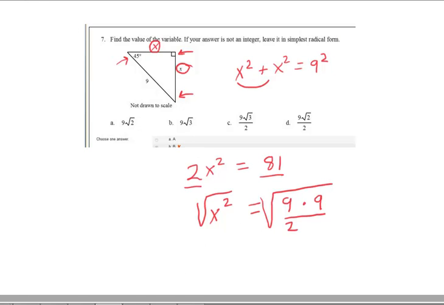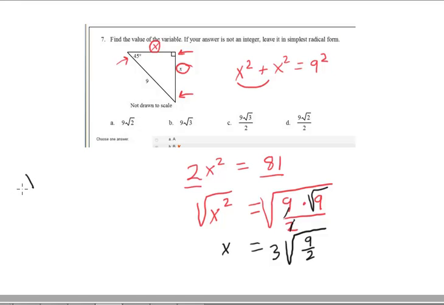And now I'm left with, let me change colors, x equals, well, right here we've got the square root of 9 over 2. That is where this is canceling or reducing. And then we still have the square root of 9, which is 3.